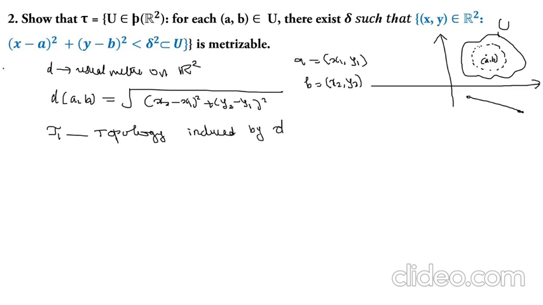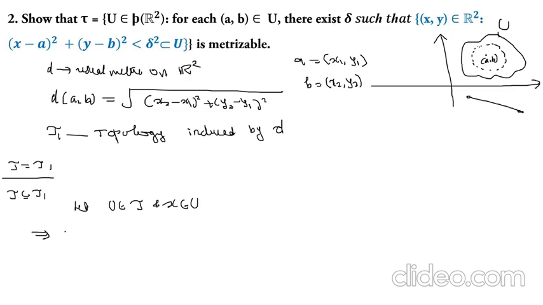So we have to prove that tau is generated by D, so it's enough to prove that tau is equal to tau1. As usual we will show that tau subset of tau1 and tau1 subset of tau. First we prove that tau subset of tau1. For that we take an open set, let U belongs to tau, and a point (a, b) belongs to U. Since U belongs to tau, U satisfies the condition for tau.